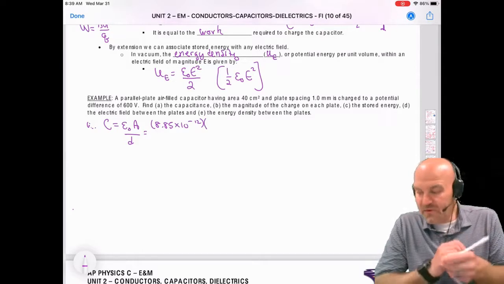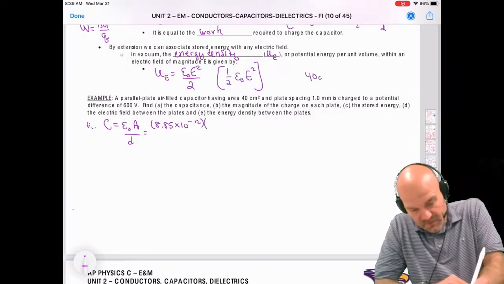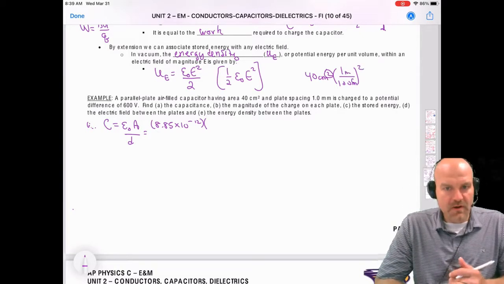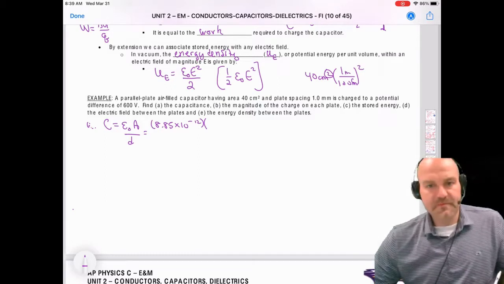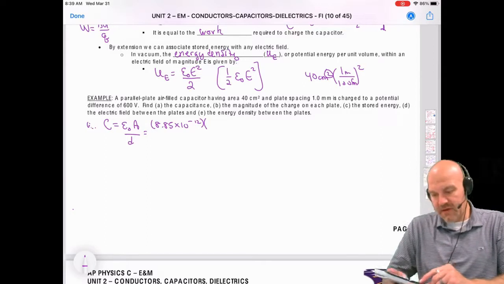The area, you do have to be careful with your area calculation here, because it's 40 square centimeters, but that means, because I have a 2 up here, I have to square the factor there. I'm going to grab my calculator just to make sure I did that correctly in my notes.